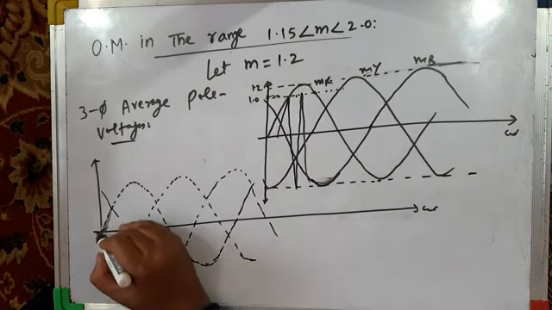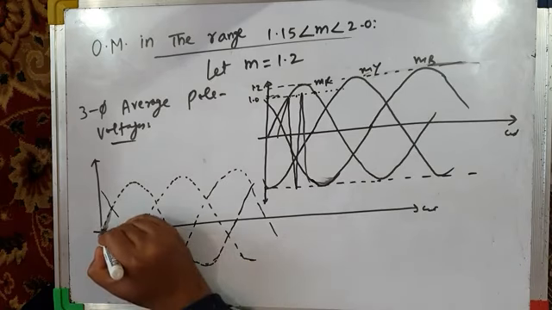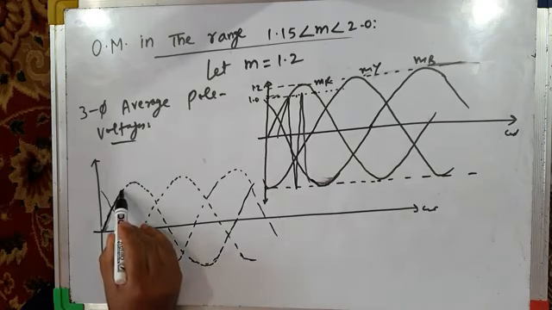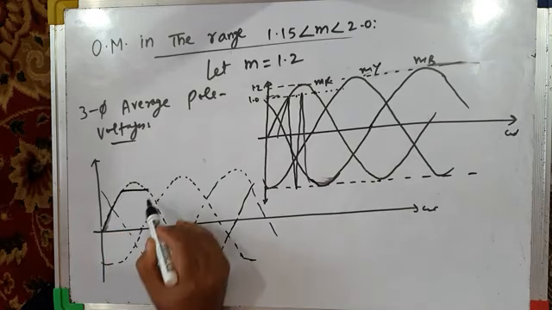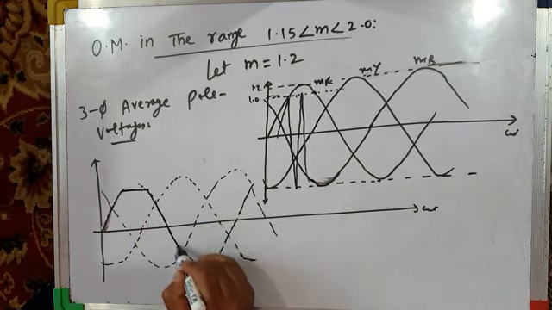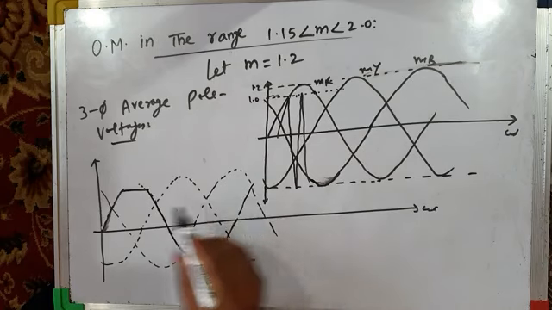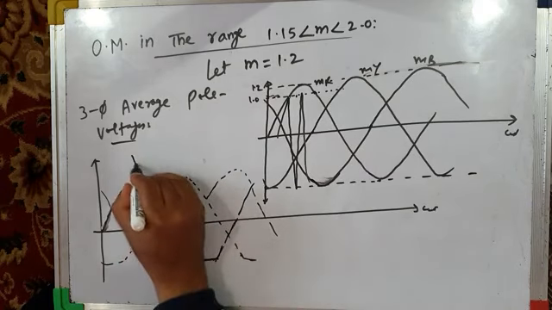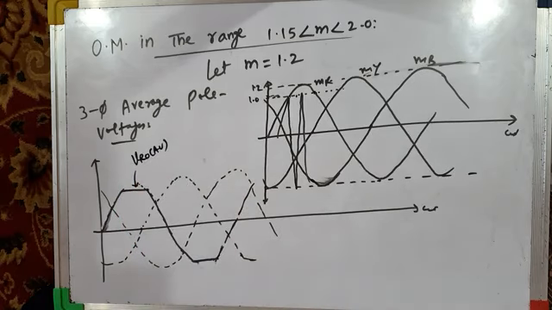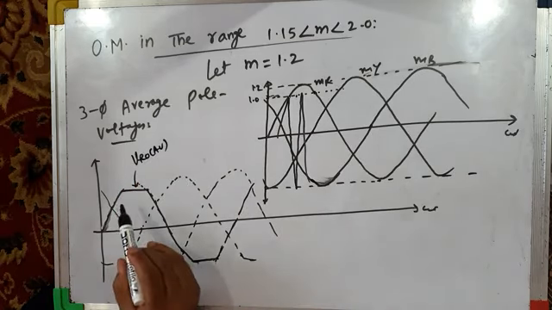So I will draw average pole voltage VRO average. So this is instantaneous average pole voltage VRO average. What about VYO average?